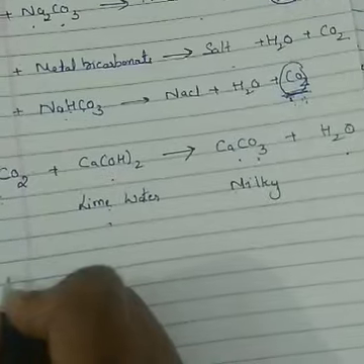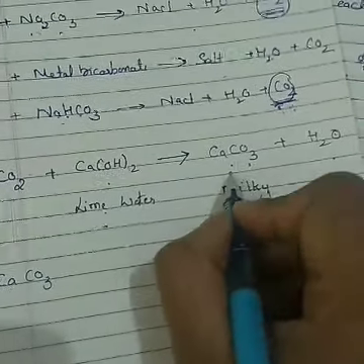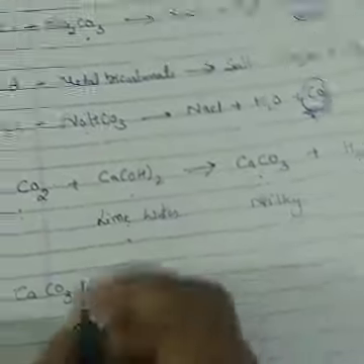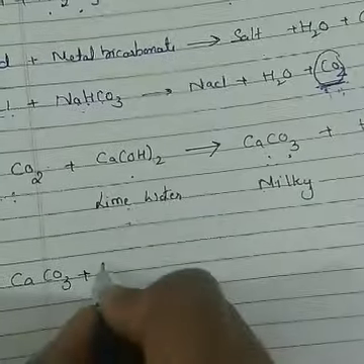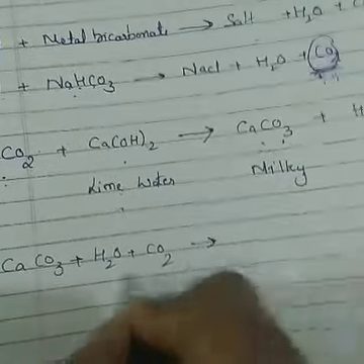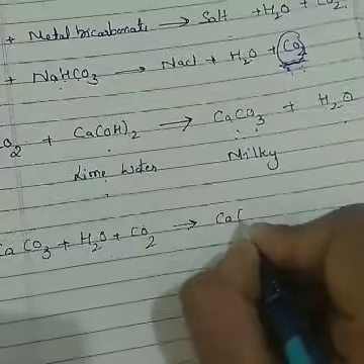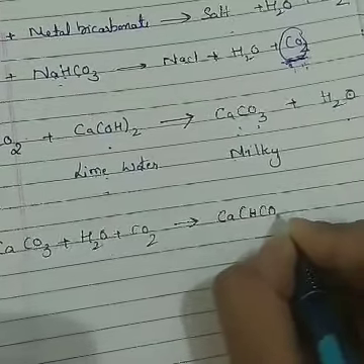When excess of carbon dioxide is passed through it, go on passing the carbon dioxide into this calcium carbonate. So what are we going to do? Again we are going to pass the carbon dioxide to it. The milkiness disappears due to the formation of calcium bicarbonate.